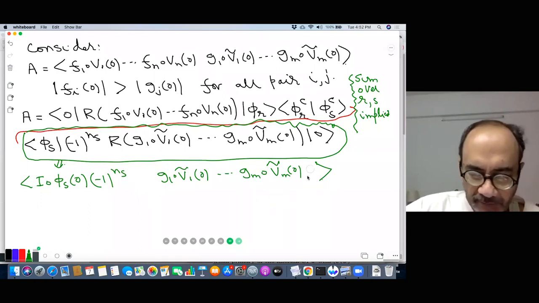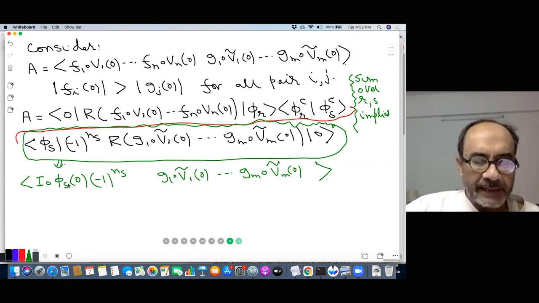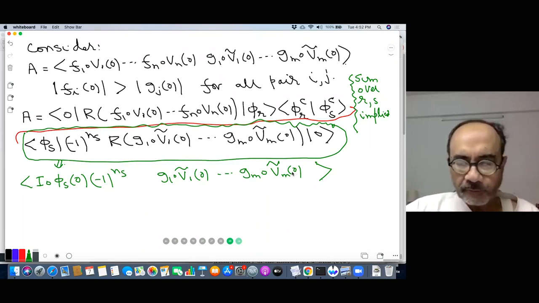Let me explain what I have done. So this phi s I can write I dot phi s 0. At this stage I still have to have this radial ordering. But now you see that I of 0 is infinity, right? So this is already in the leftmost position. So if it is inside the radial ordering, it would still be at the leftmost position. So what I can do is put the radial ordering in front of the whole product, and then just remove the radial ordering and write this as a correlation function. I hope it's clear.